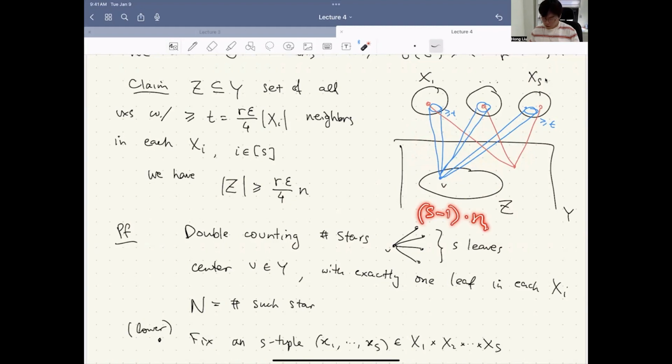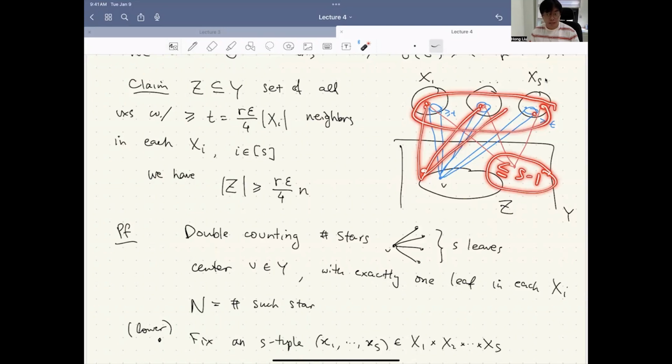Because the worst case is that every vertex that is not a common neighbor of x1 to xs has degree at most s-1 to x1 to xs.